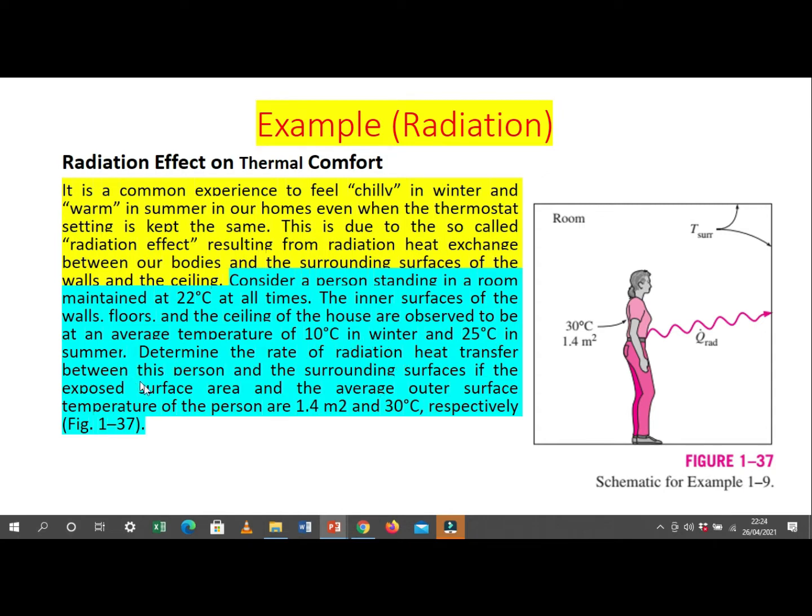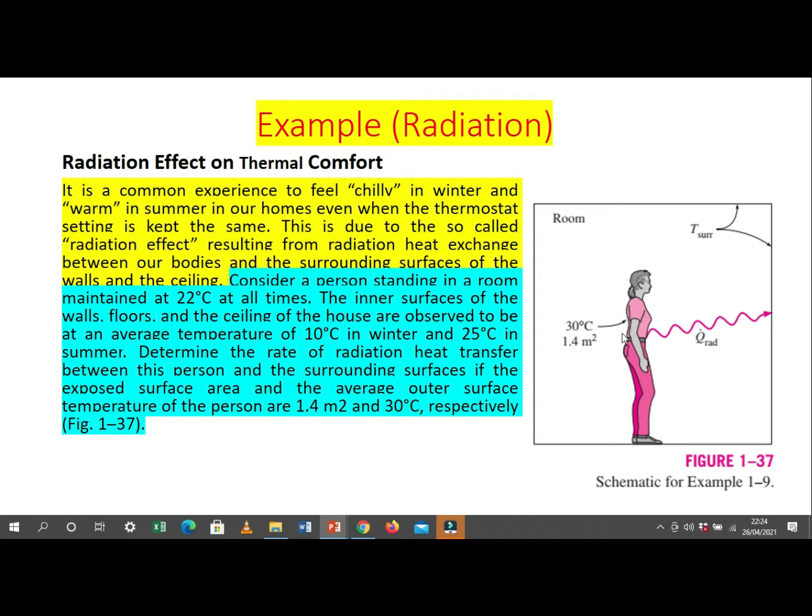Determine the rate of radiation heat transfer between this person and the surrounding surfaces if the exposed surface area of the person is 1.4 square meters and the average outer surface temperature of the person is 30 degrees centigrade.